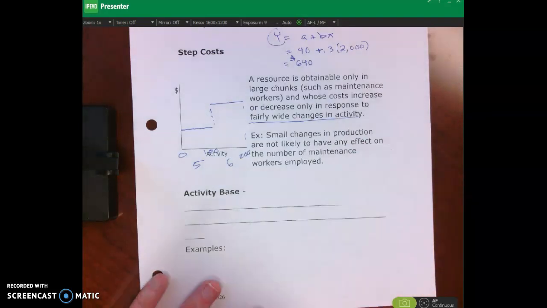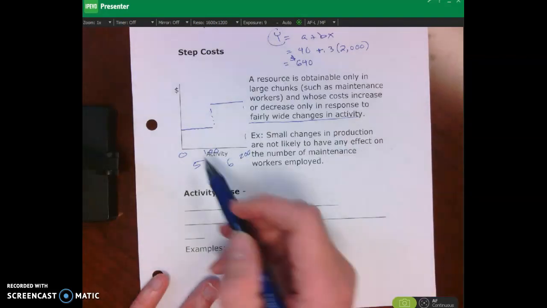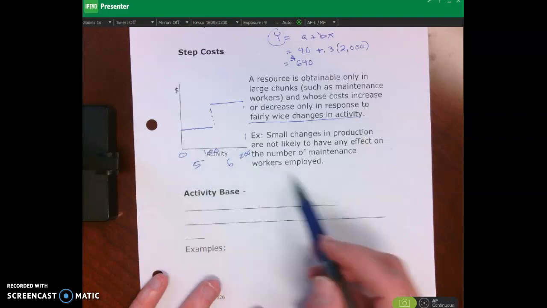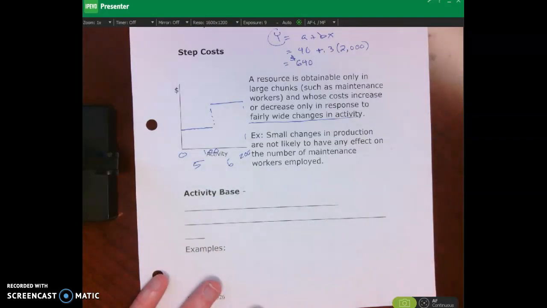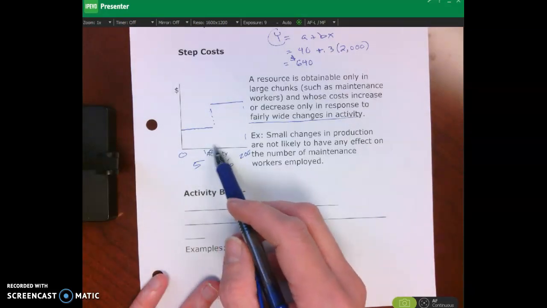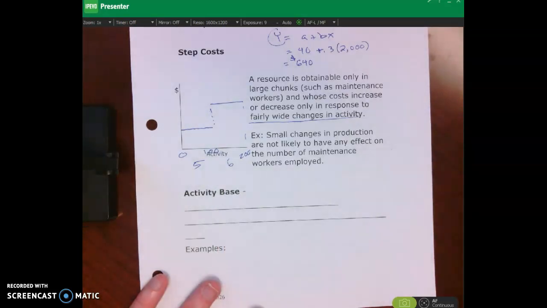And so what we're saying over here is that maybe small changes in production, from 10 to 20 units, don't mean we need to hire more full-time maintenance workers, because maybe those 5 workers that we have, we can pay them a little bit more overtime. Maybe as we get from 80 to 90 or 90 to 100 units, they might be stretched. They might be working a lot, but we can pay them some overtime, or we can ask that they work a little bit more.